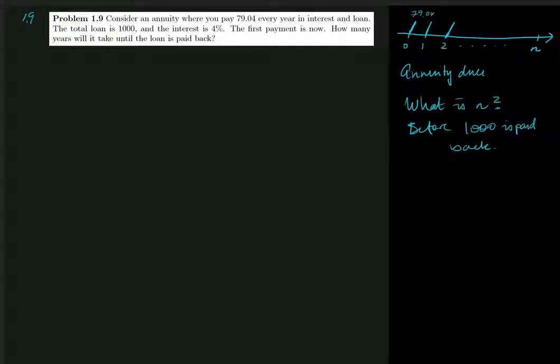So let us recall what fairness states. Fairness tells us that the time 0 value of all benefits should be equal to the time 0 value of all contributions. If we think of the 1,000 as our benefit, we receive this at time 0, right?